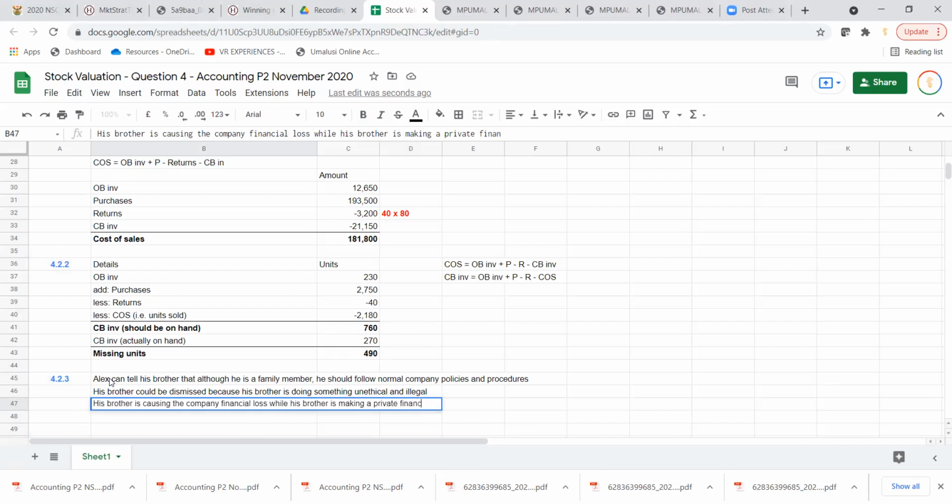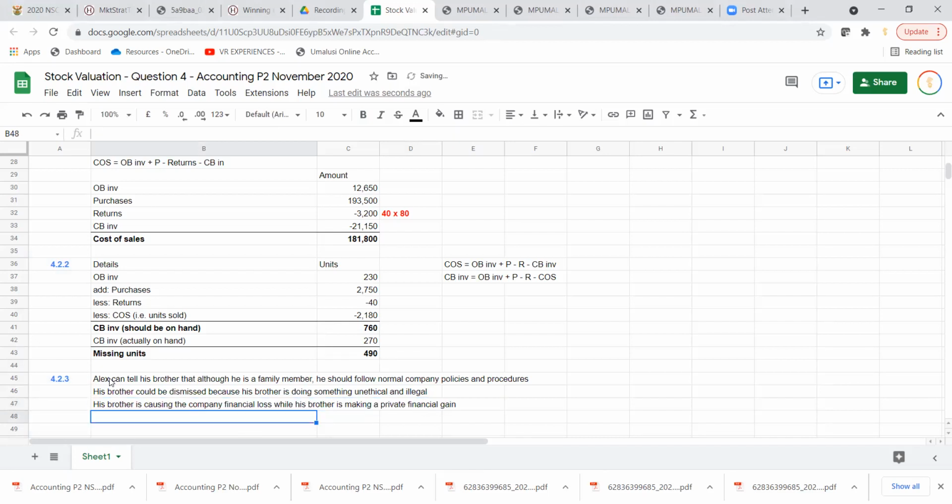Okay, a private financial gain. Okay, also his brother could, so any of these 2 points. Okay, and you can read the solution. There may be other stuff as well.